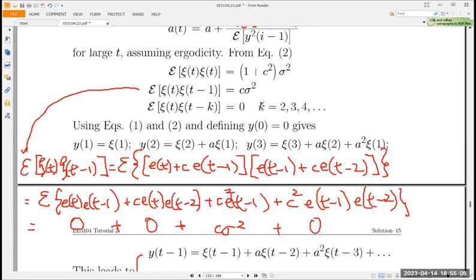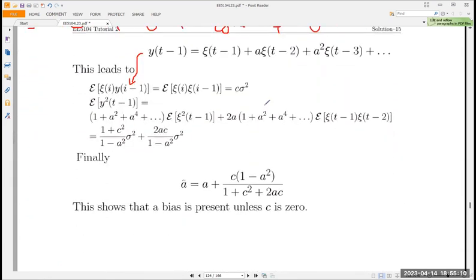So all you need to do is work hard a little bit. Let me find a space.